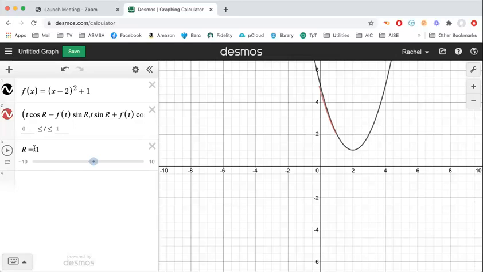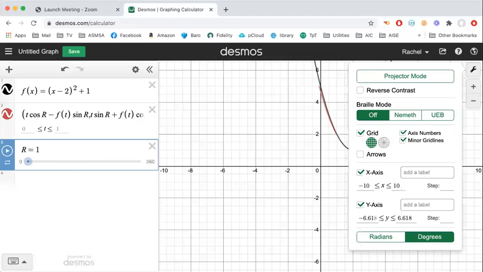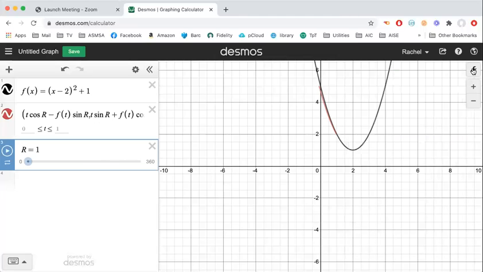I want to rotate this 360 degrees, so I'm going to set this from 0 to 360, going by 1 degree at a time. Then you have to go over to settings and make sure degree is highlighted. Usually radians is highlighted by default, so you need to convert it into degrees. That's the next check you have to make sure of: that you're on degree mode.